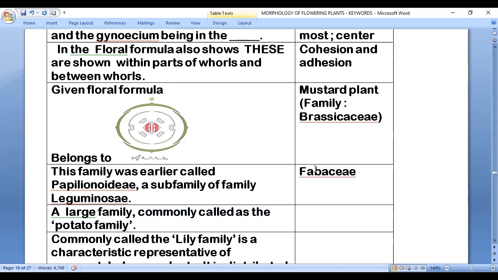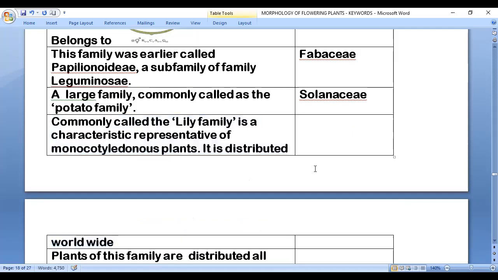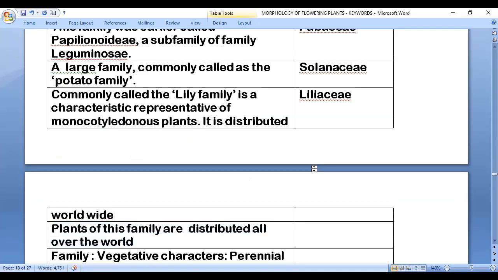A large family commonly called the potato family, Solanaceae. Commonly called the lily family, a characteristic representative of monocotyledonous plants, distributed worldwide. Liliaceae. Plants of this family are distributed all over the world. Fabaceae. Liliaceae also.